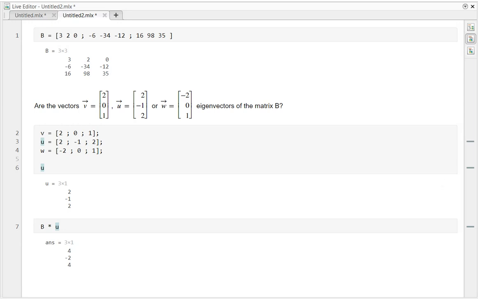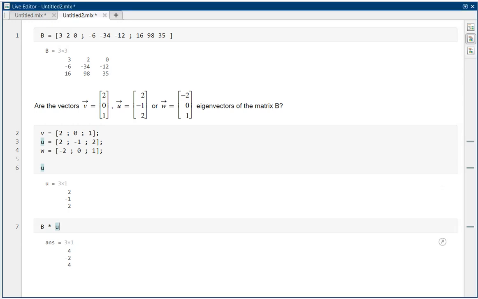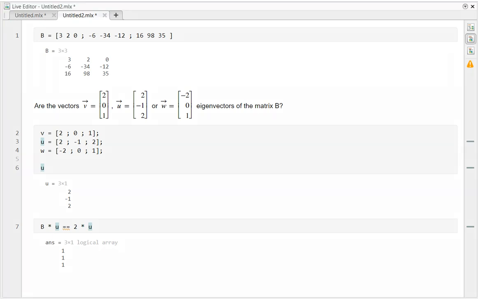Once we know this, we can also check and say Bu equal to 2 times u. What happens is I get a logical array, and if they're all ones, it means that yes, in fact, these vectors are equal. So this is another way to check if I know an eigenvalue eigenvector pair. I can just do the comparison this way, which will produce all ones if it is true, and at least one zero if it is false. So that's another quick way to check.